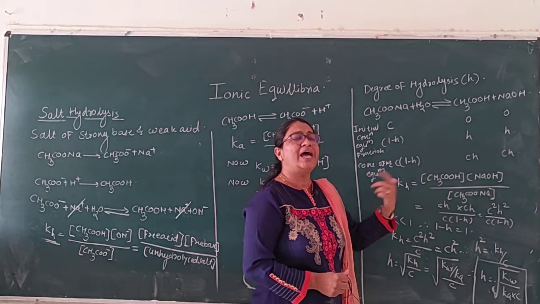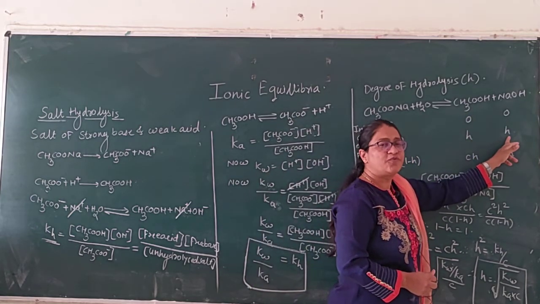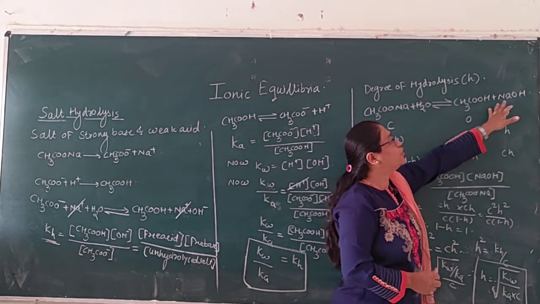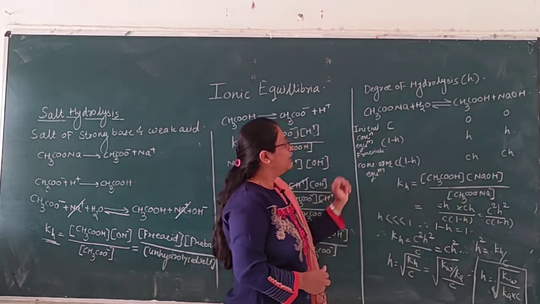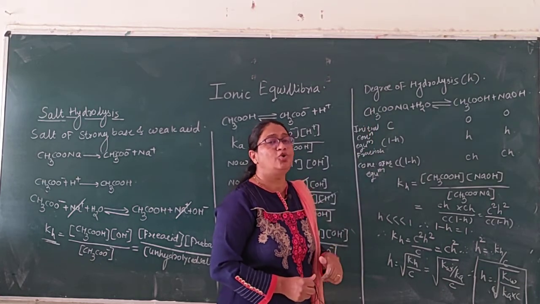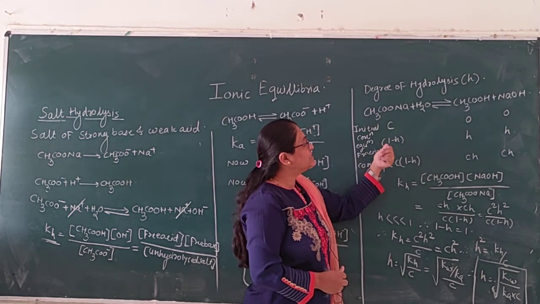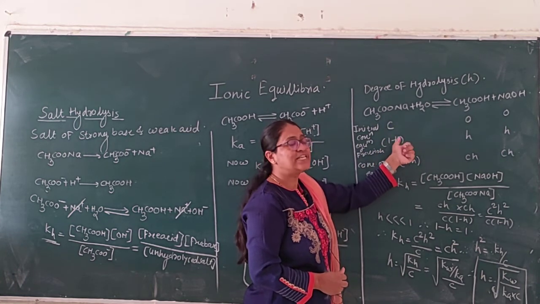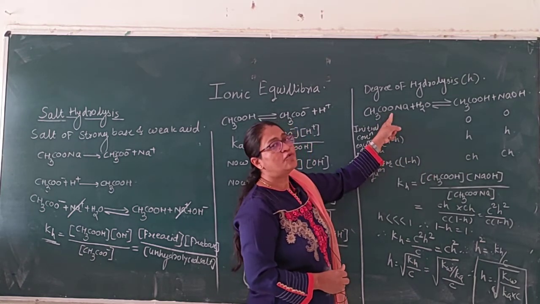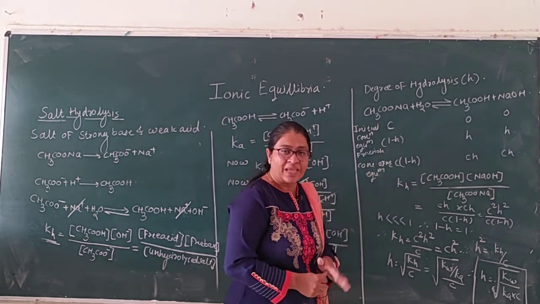So these two will be formed in exactly h fraction, and these are the fractions present of the two products at equilibrium. Similarly, the fraction of sodium acetate which remains unhydrolyzed at equilibrium: we can consider the initial as the unit, out of that h fraction has been hydrolyzed. Therefore the amount of sodium acetate which remains unhydrolyzed will be 1 minus h.